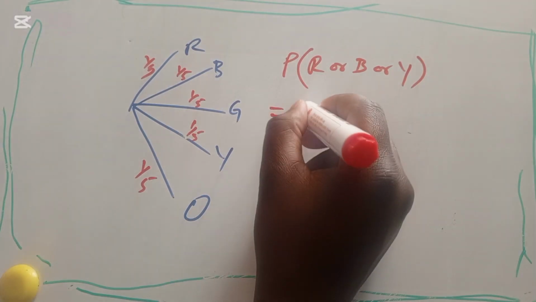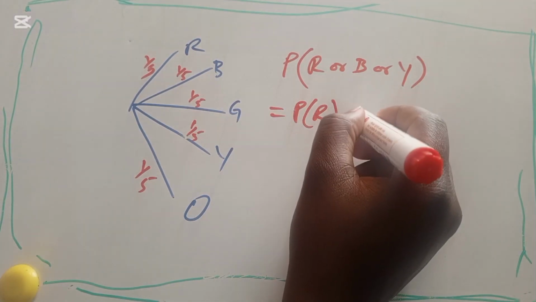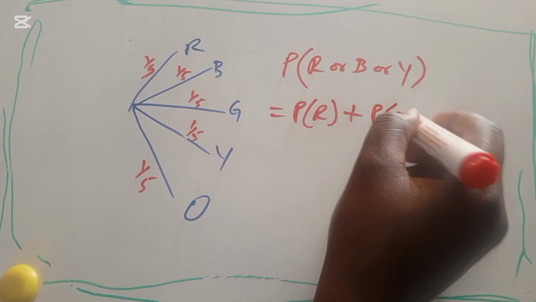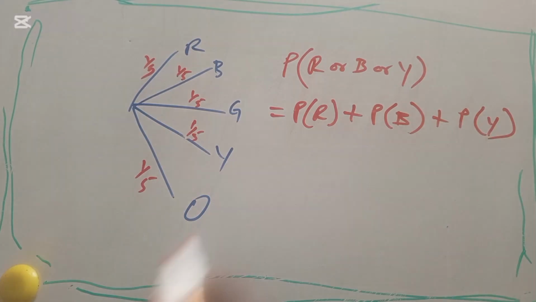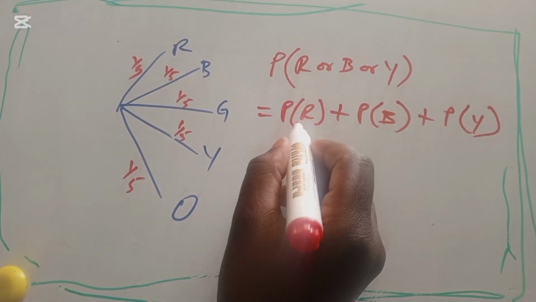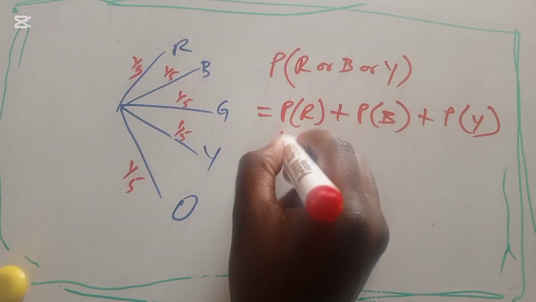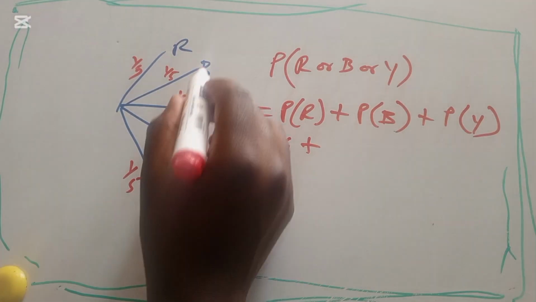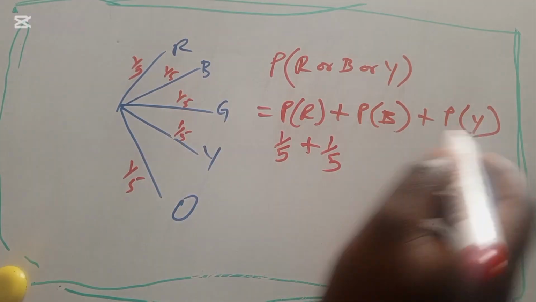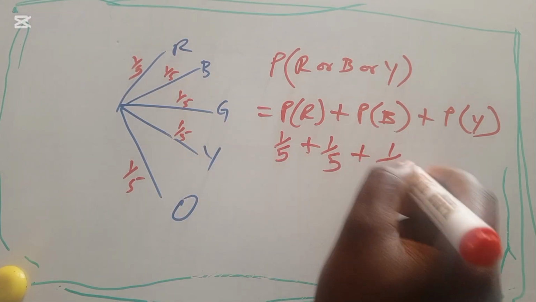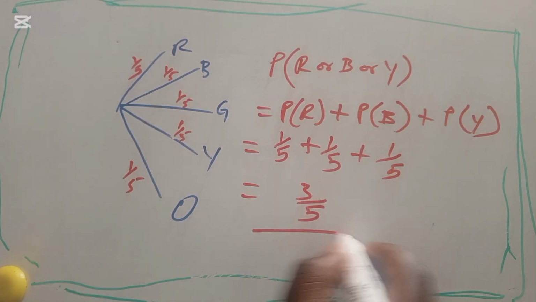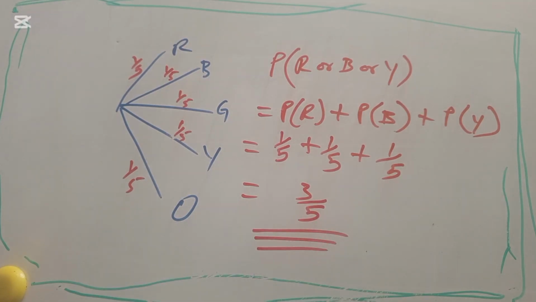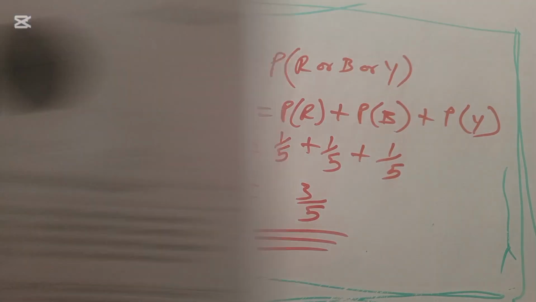This is the probability of red plus the probability of blue plus the probability of yellow. So you are going to add all these probabilities: 1 over 5 plus 1 over 5 plus 1 over 5. So your answer is 3 over 5. That is your answer, and in this book, the correct choice is C, 3 over 5.